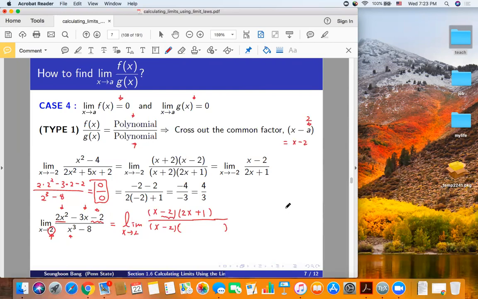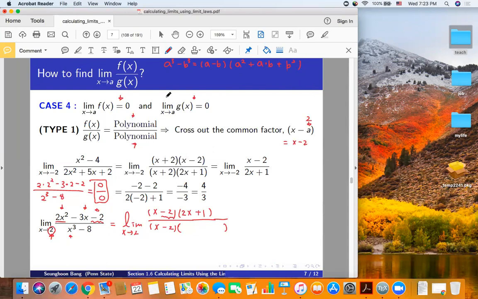In this case, you need to memorize two factorization formulas. Do you know this one? a cubed minus b cubed. How can you factor it? (a minus b) times (a squared plus a times b plus b squared). This is one rule.